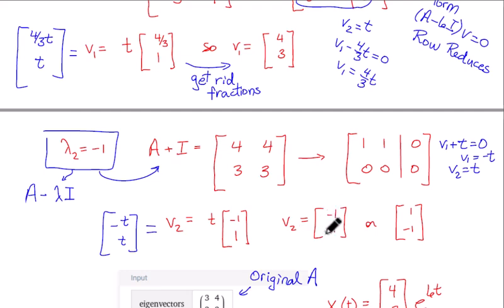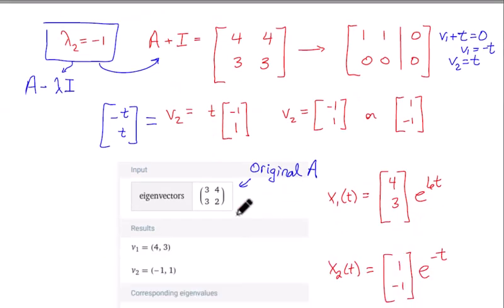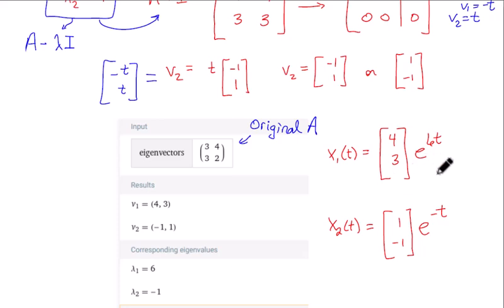So you could write it that way, or remember, it's just a scaled multiple. It could be written the other way. Really makes no difference. It will make a difference when we solve for initial conditions, but for now, no. So again, I could give it my original matrix A, ask it for what the eigenvectors and values are, and notice it gets exactly what we did, but certainly much faster.